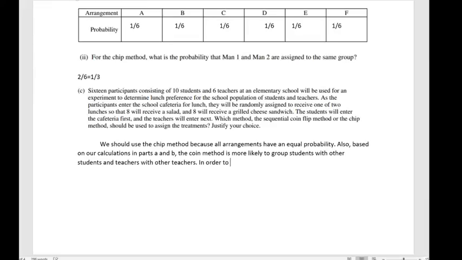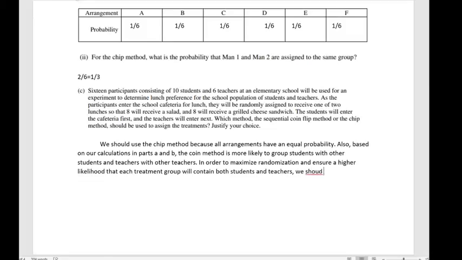In order to maximize randomization and ensure a higher likelihood that each treatment group will contain both students and teachers, we should use the chip method. And I see we've got a question, what's the difference between part A and part B here?